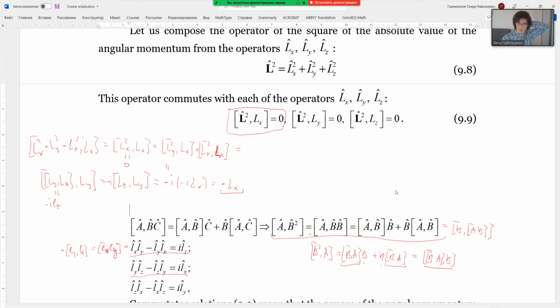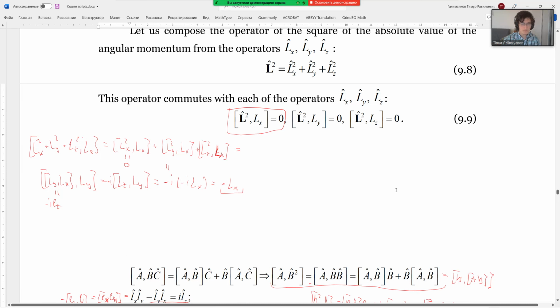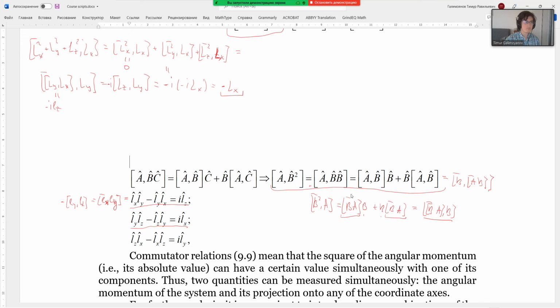And then for this commutator we can do the very same thing. Okay, let's do that. Lz Ly, I do it a bit faster. Lz squared with Lx, Lz with Lx equals i Ly.